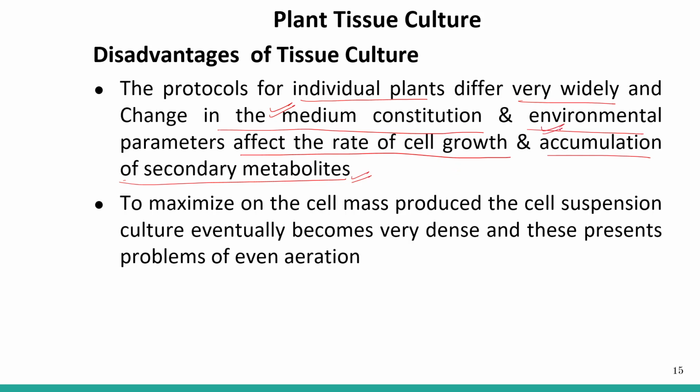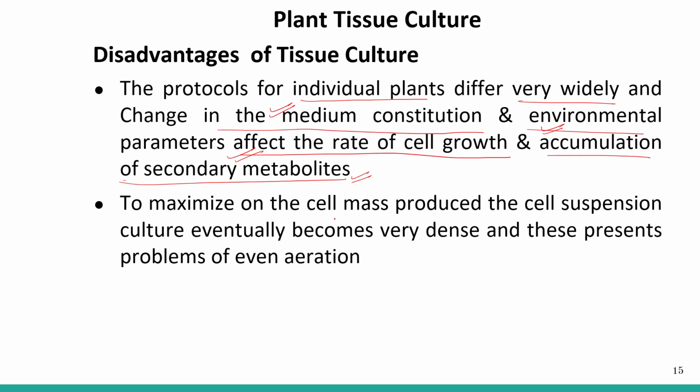Environmental condition is not the same for all the plants, so the parameters also change accordingly, right? So you should know this prior to the type of plant you are going for in tissue culture, right? So these are some of the disadvantages.